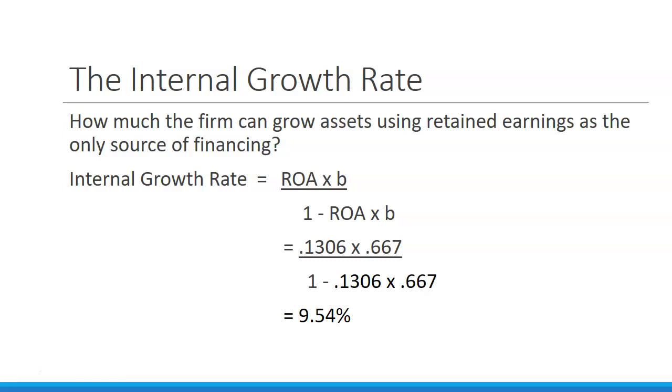Our return on assets was 13.06% and our retention rate, or b, was 66.7%. So this means that we have a growth rate of 9.54%. That's the maximum possible growth rate per year we can achieve without any external financing.